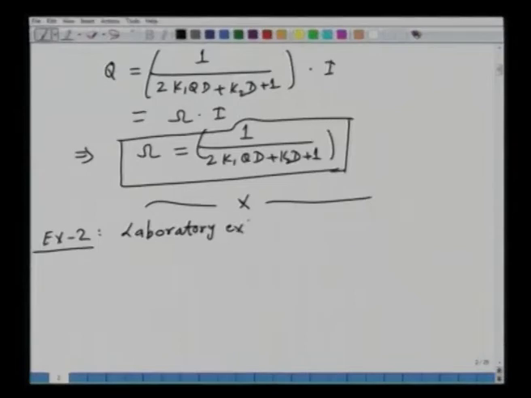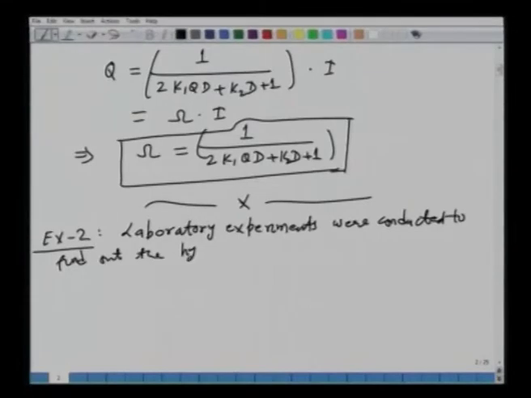The lab experiments were conducted to find out or to determine the hydraulic conductivity K of a certain type of soil.